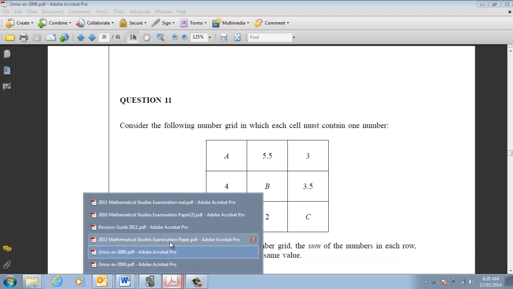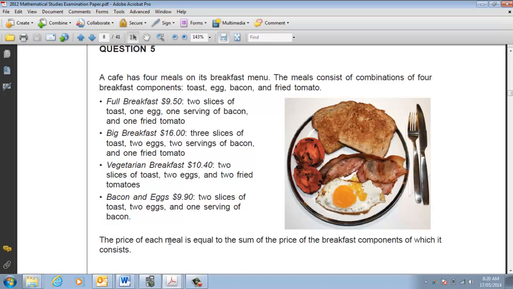An alternative for that would be from the 2012 exam, where we're looking at a breakfast menu. So the full breakfast menu has different options for what you can get, and then it's got the price, how much you pay for each of these options. From that you need to try and work out how much the components actually cost, how much they're charging you for a piece of toast or a bit of bacon or an egg.